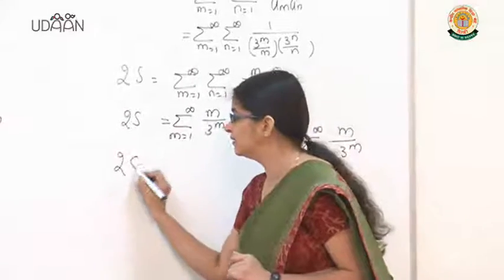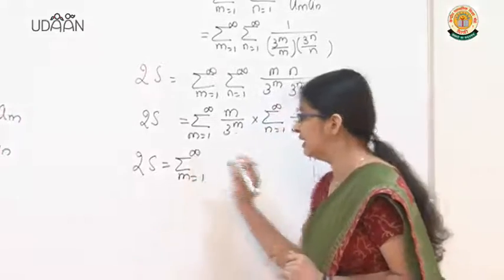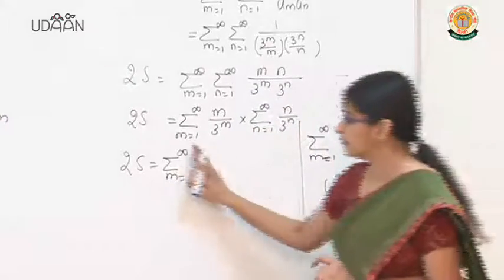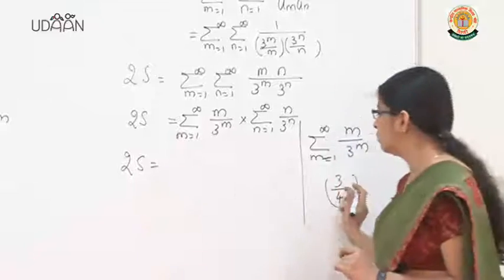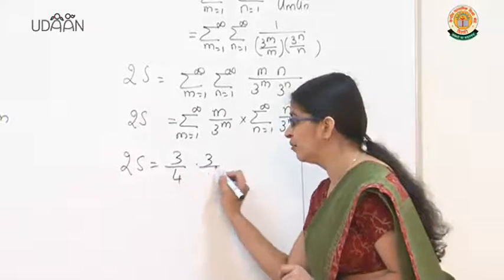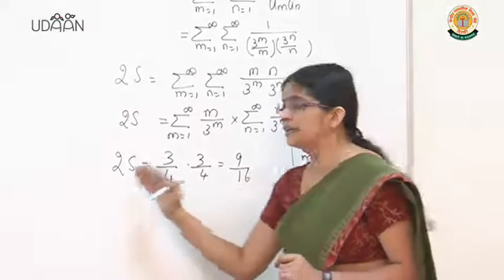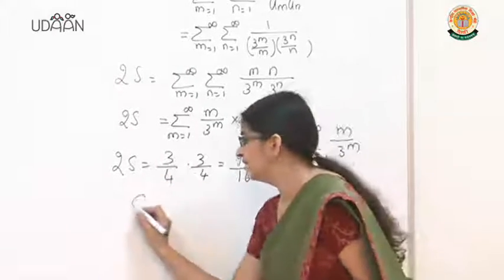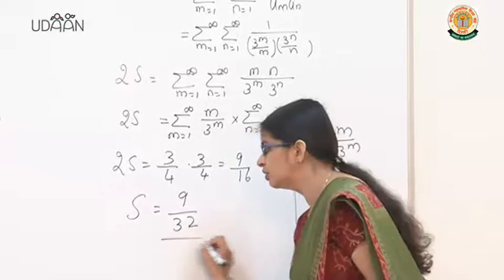So 2S equals 3 by 4 into 3 by 4, which simplifies to 9 by 16, but it is the value of 2S. So S will be equal to 9 by 32.